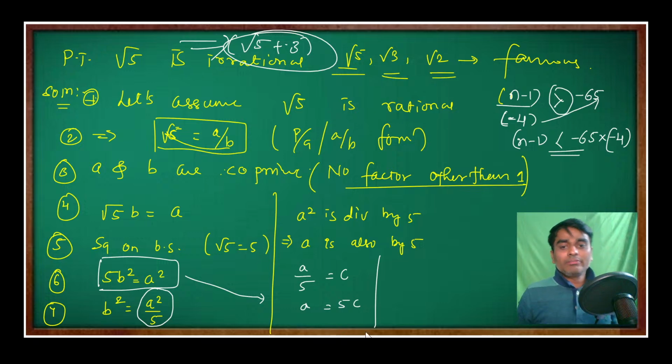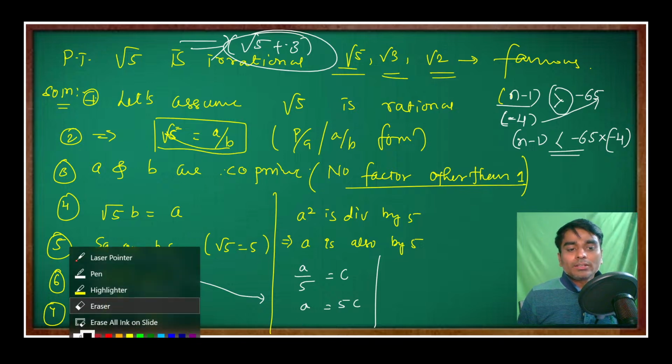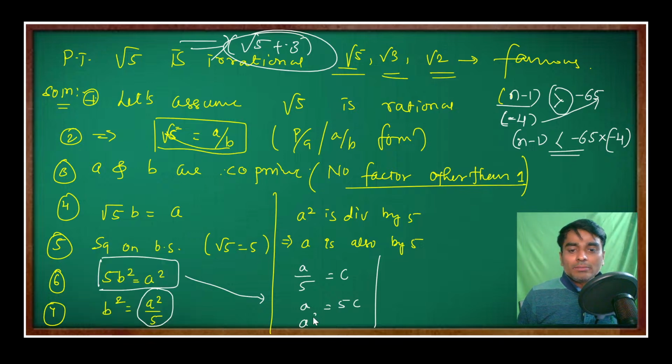Okay, A by 5 ತಗೊಂಡ್ರೆ A equal to 5C. ಈಗ ಇದನ್ನು ಸ್ಕ್ವೇರ್ ಮಾಡಿ. This also you square. So this will become A square equal to 25C square.